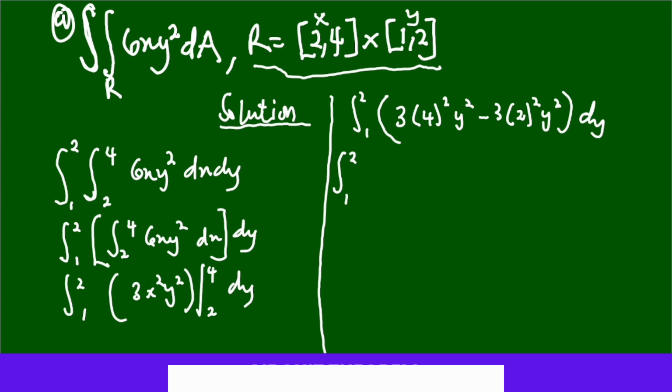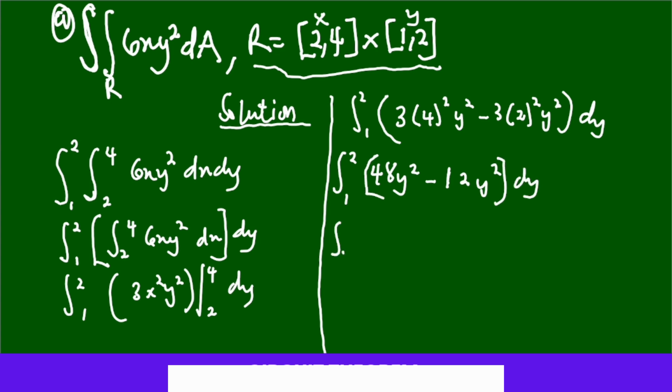So 3 times 16 is 48 y squared, minus 3 times 4, 12 y squared, dy.